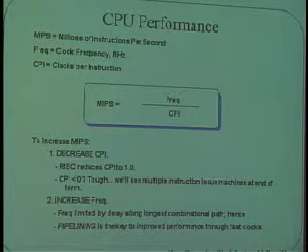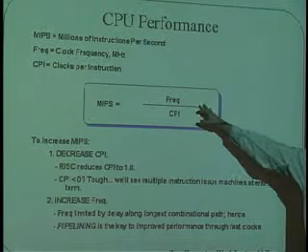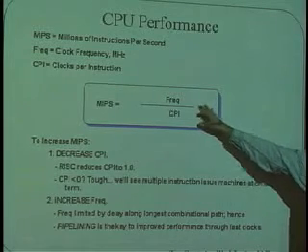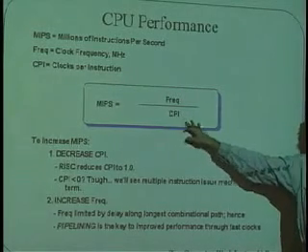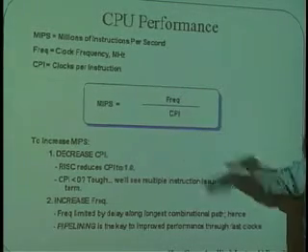This is a measure of how many instructions per second the processor can execute. So it's a question of what the frequency of the clock is in cycles per second, plus how many cycles per instruction there are, and you divide one by the other, and you get instructions per second.